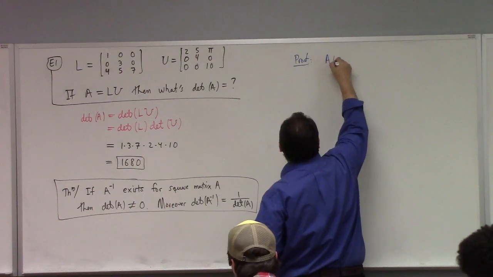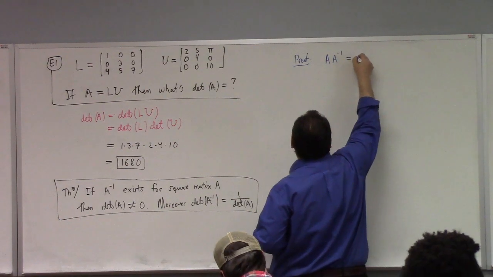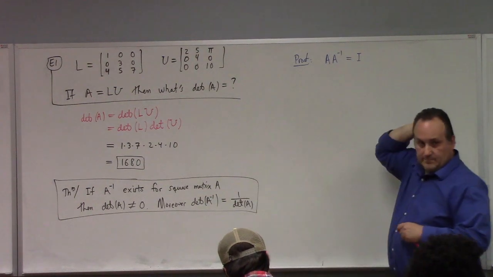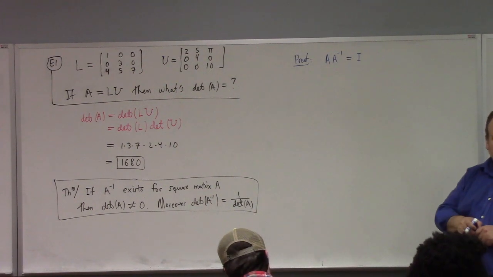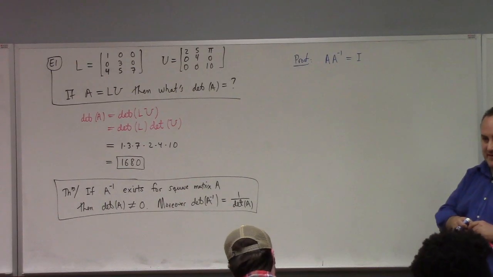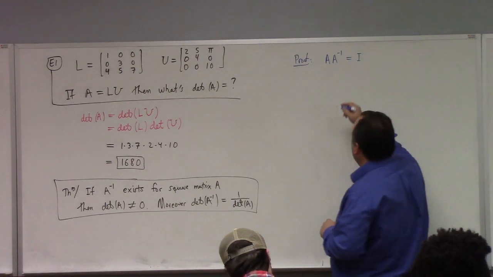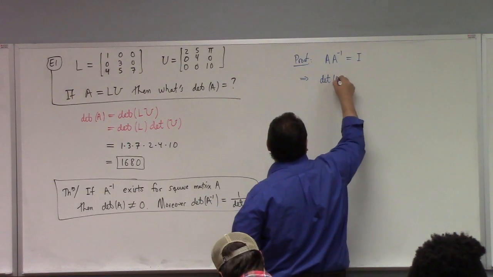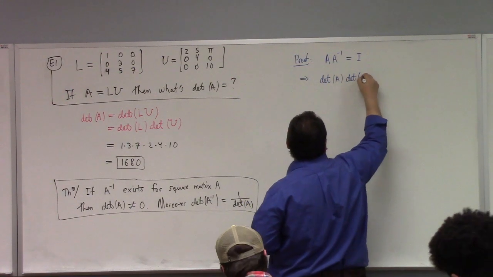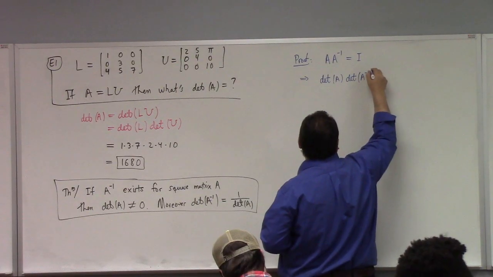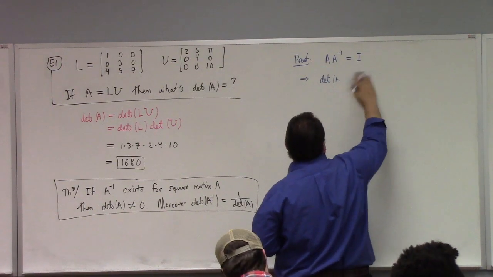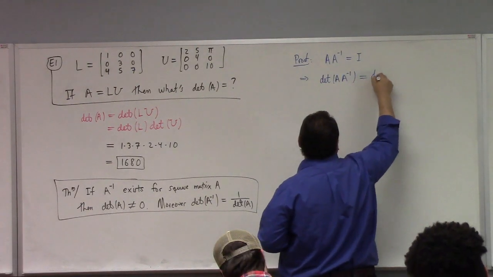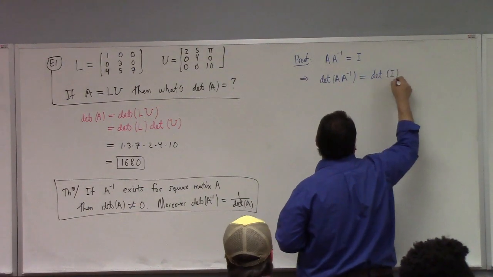We have A times A inverse is equal to the identity matrix, right? By assumption of what we mean by inverse matrix, by definition. But that implies that, excuse me, I'm jumping a step. The determinant of A times A inverse is equal to the determinant of I, right?